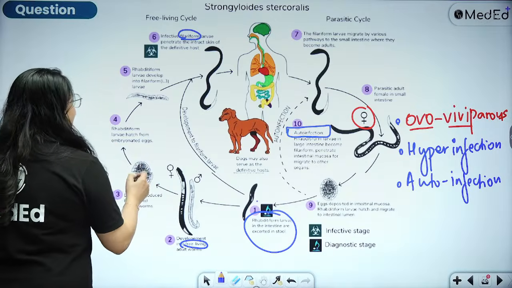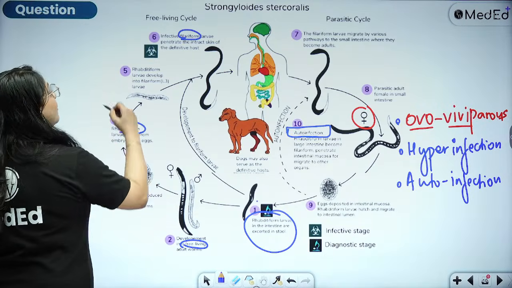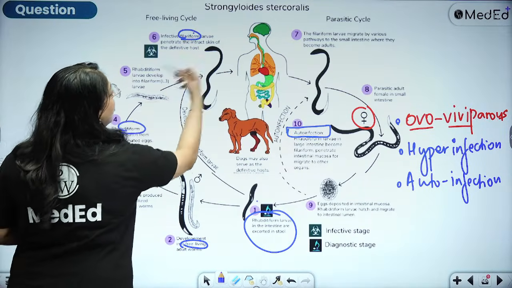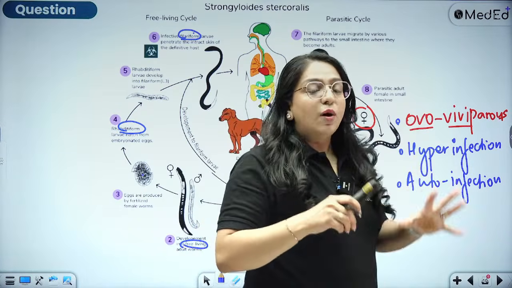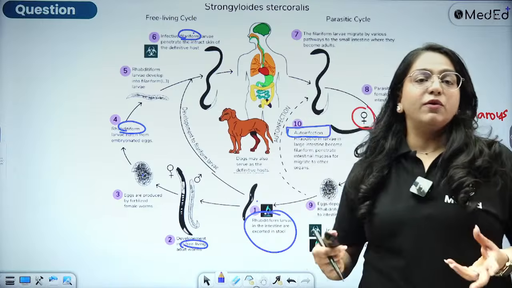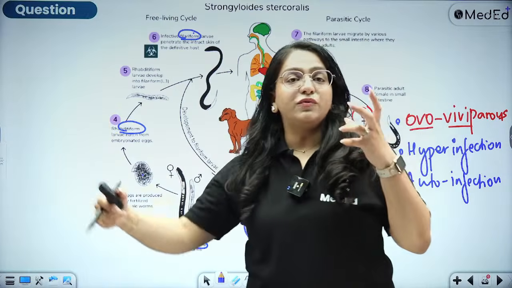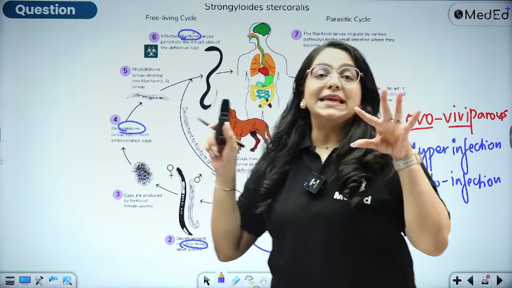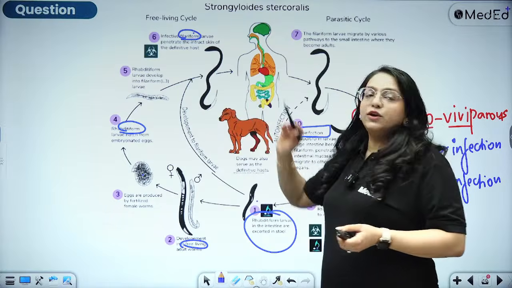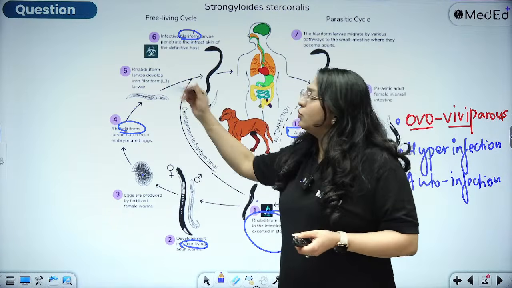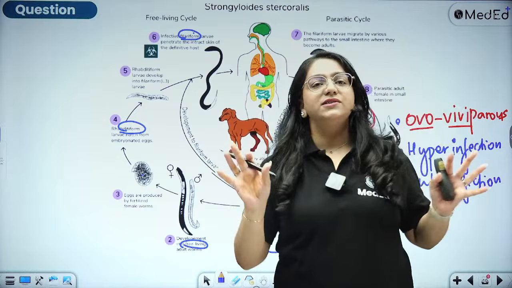Then they produce eggs, which release rhabditiform, which develops into filariform and enters inside us. Every time rhabditiform comes out, it will develop into filariform in the environment. Alternatively, the rhabditiform can directly convert into filariform. So I can take the long route or short route, it does not matter, don't get distracted.